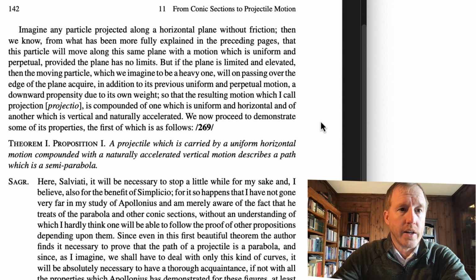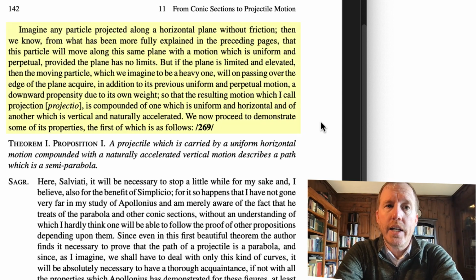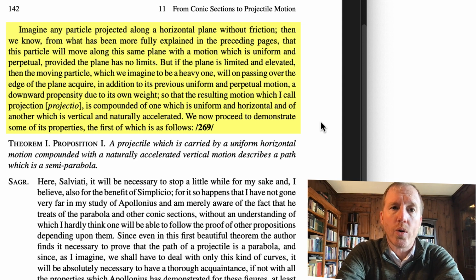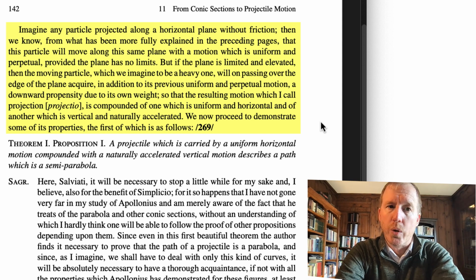He goes on the next page to say, "Imagine any particle projected along a horizontal plane without friction. Then we know, from what has been more fully explained in the preceding pages, that this particle will move along this same plane with a motion which is uniform and perpetual, provided the plane has no limits.